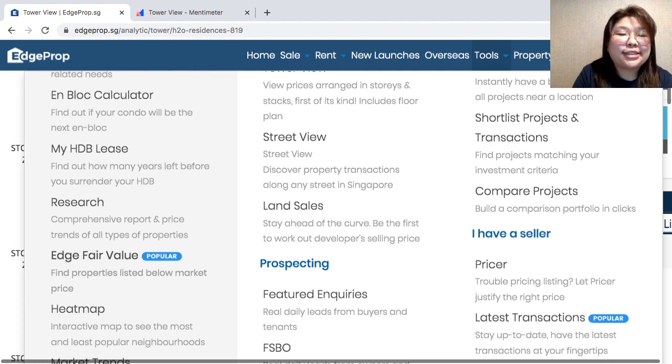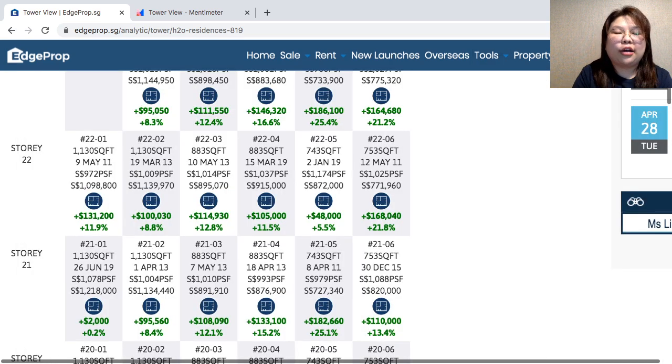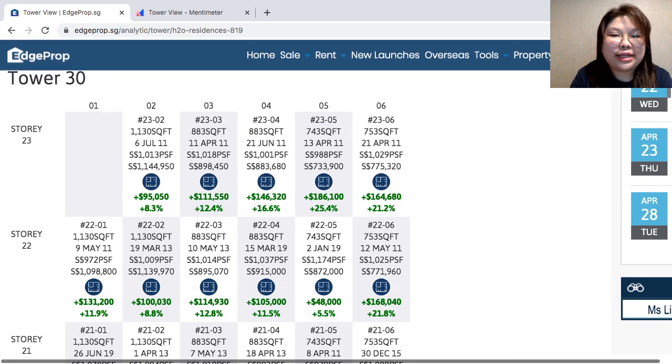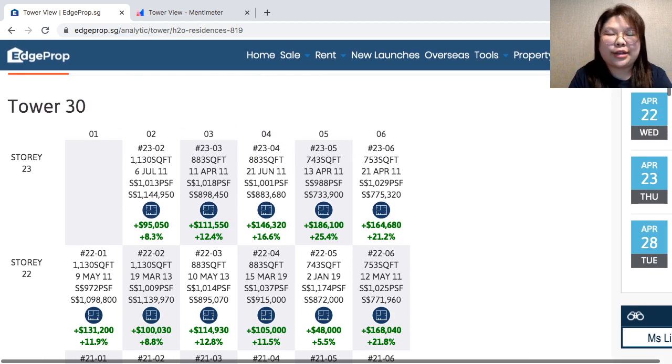It is a desktop valuation of that unit. How did we calculate this? This is based on a valuation method called the direct comparison method. In order to calculate the Edge Fair Value, we must have recent transactions for similar property, at least 3 of them.